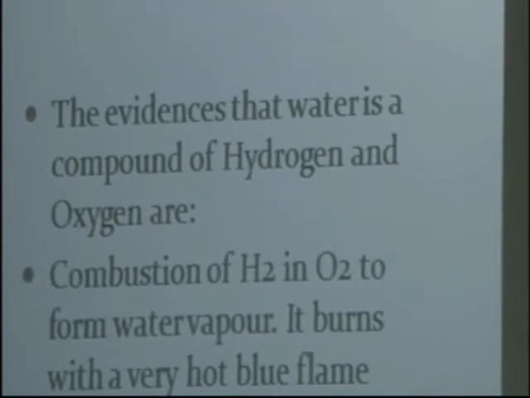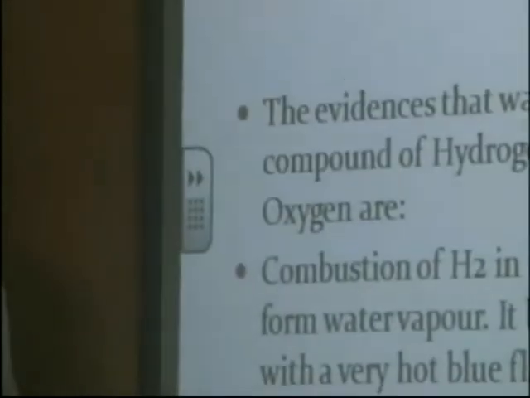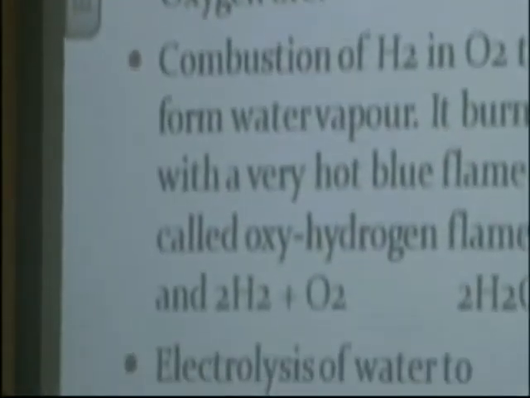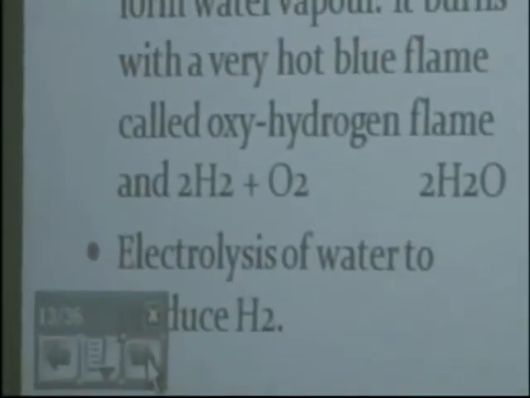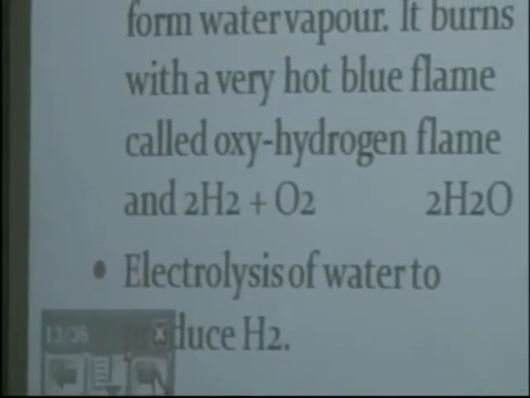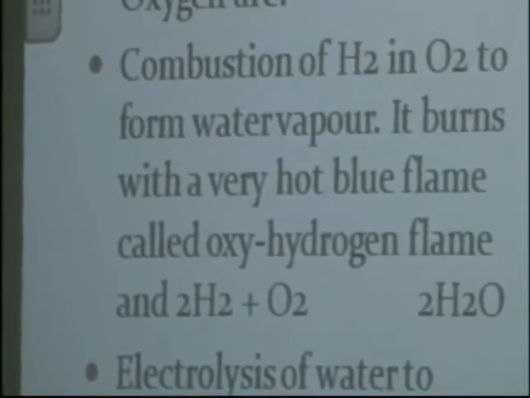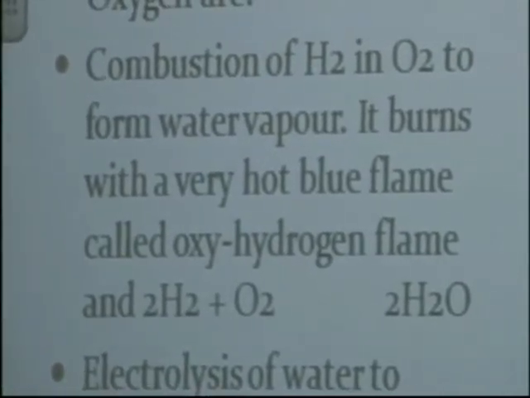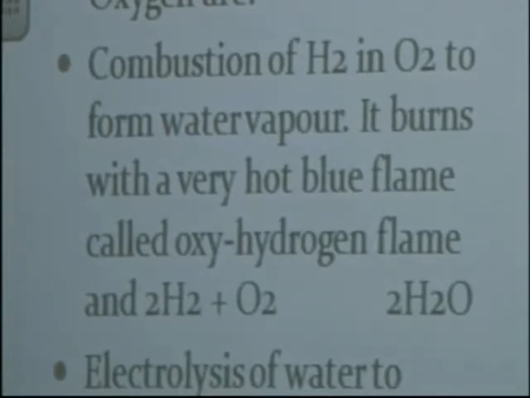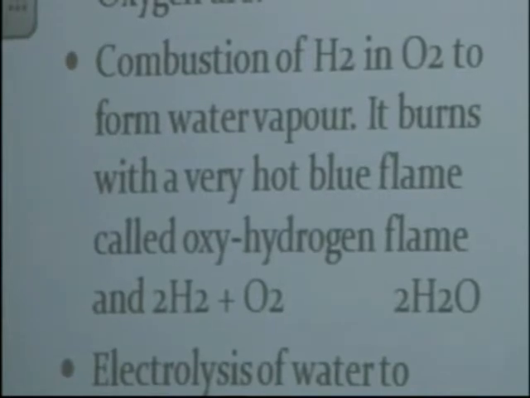The second evidence is that when you take water and you pass electric current through it, it breaks the molecule of water into two gases, hydrogen and oxygen. So the two evidences are combustion of hydrogen and oxygen, and electrolysis of water, which breaks water into hydrogen and oxygen.